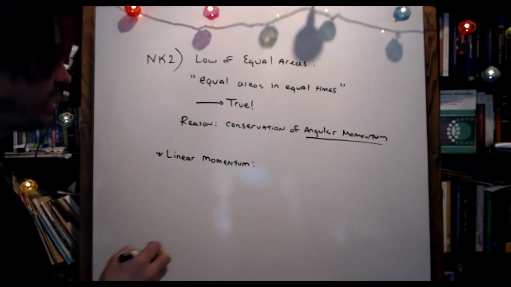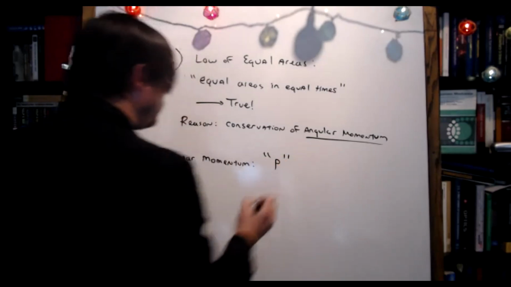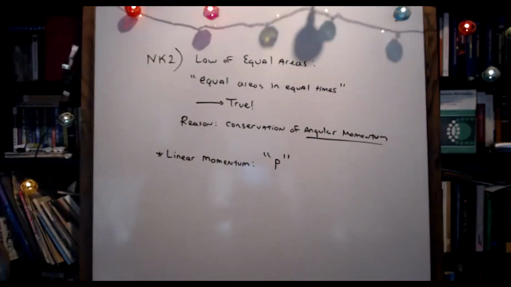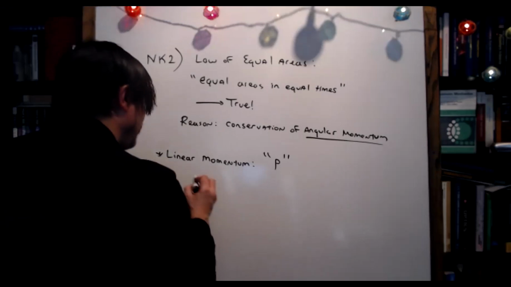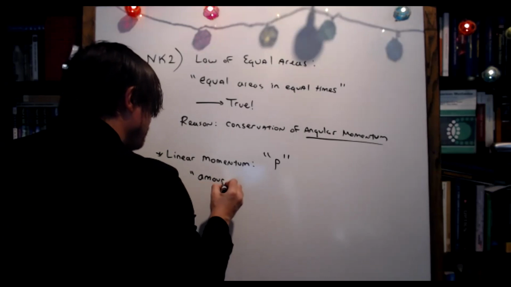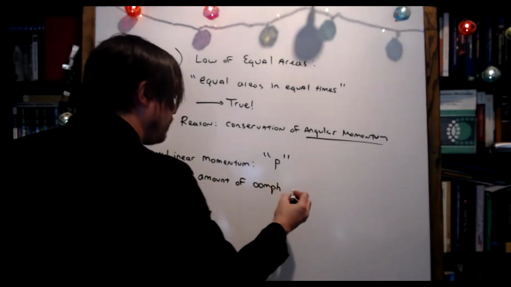Well, in any case, when we talk about linear momentum in physics, we assign it the letter P for random historical reasons. And you might think of linear momentum as the amount of oomph of a moving object.